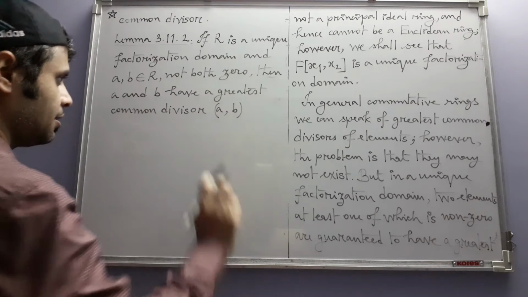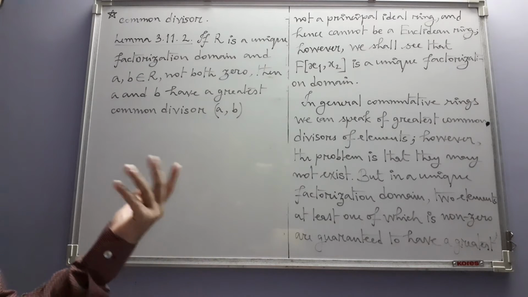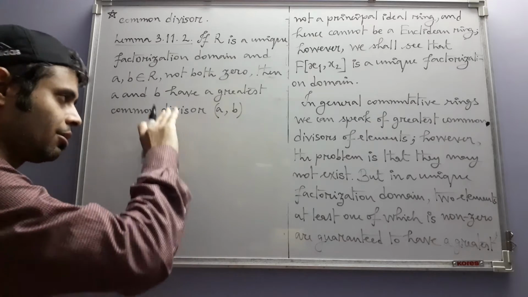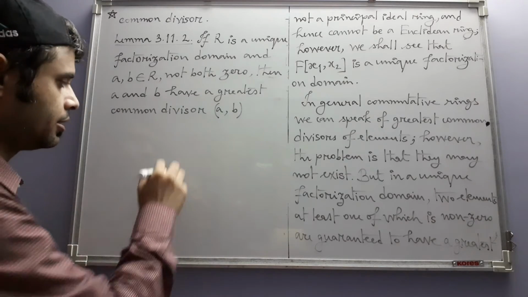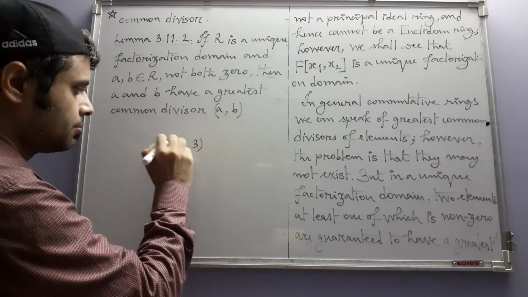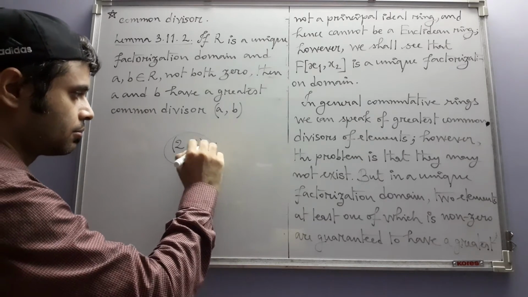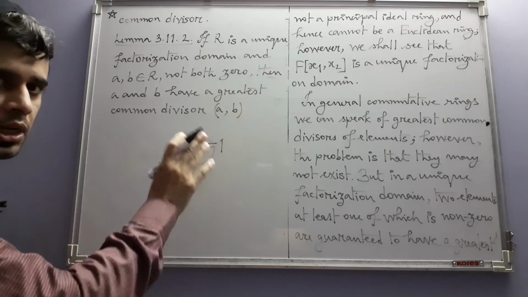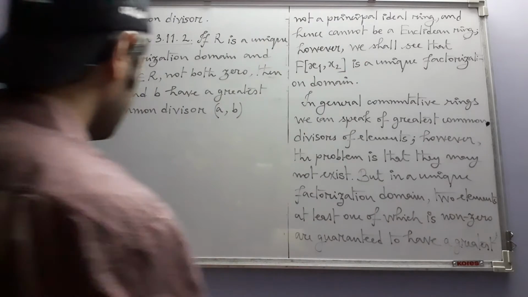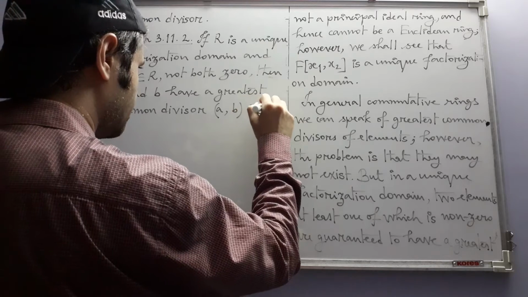We are keeping the same notation for GCD of elements from such a general system, a unique factorization domain, the same notation that we also had in the ring of integers. Like for example, the GCD of 2 and 3 is 1, and this is the notation that denotes the GCD of 2 and 3. So the same notation we have kept here also, in R. This is also an element in R.